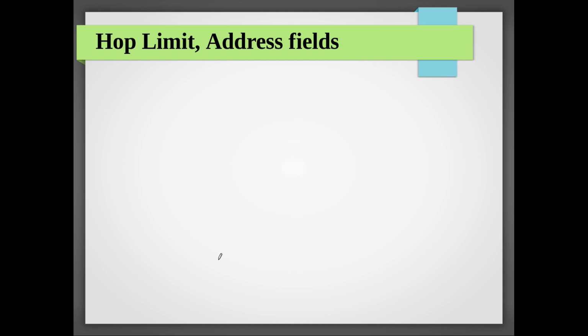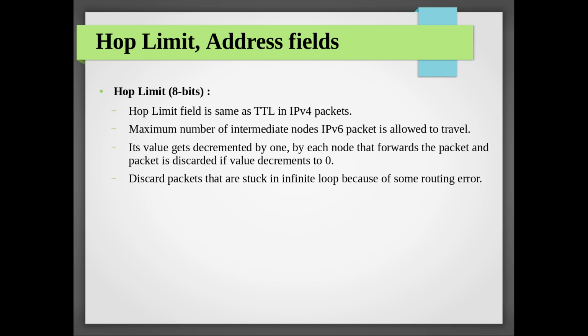Now hop limit and address fields, that is the last information we are having, and I already told you this. Hop limit is nothing but the TTL field which we already saw in IPv4. You know what time to live is for, right?